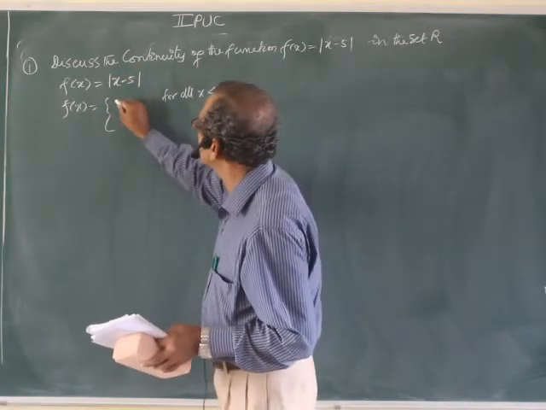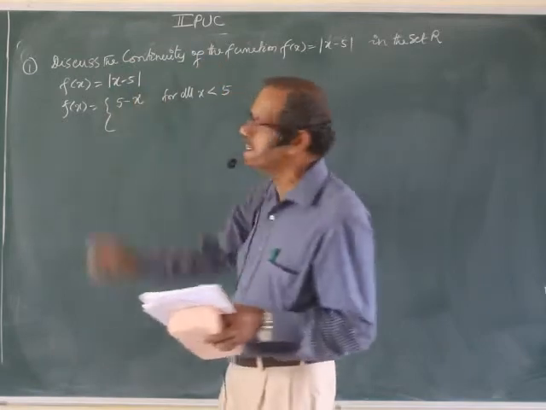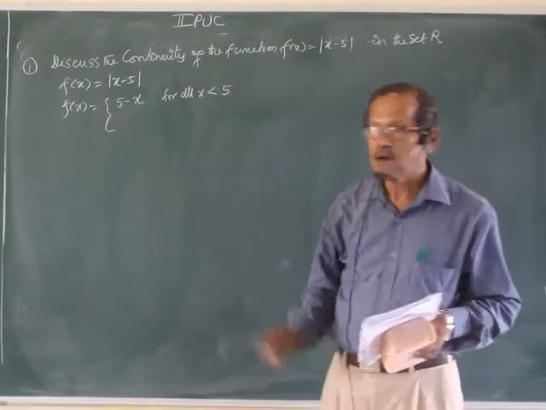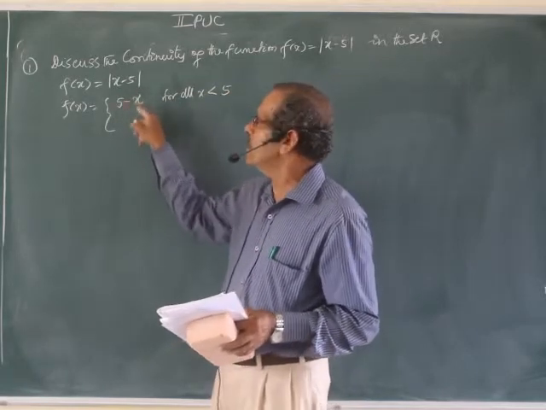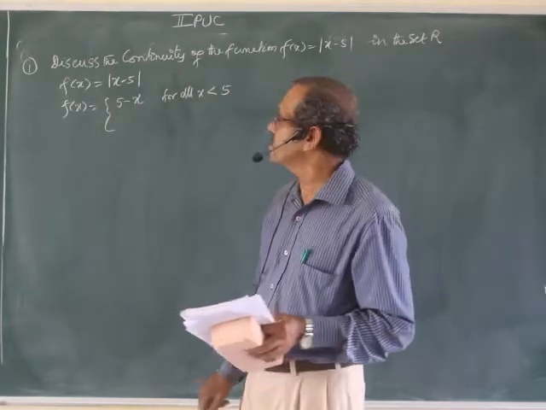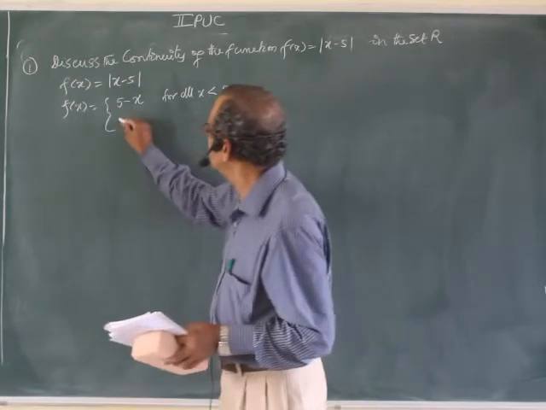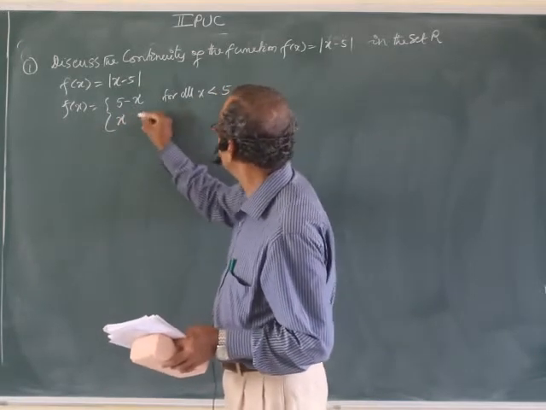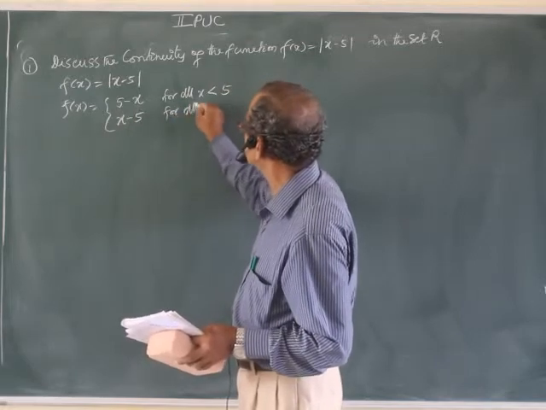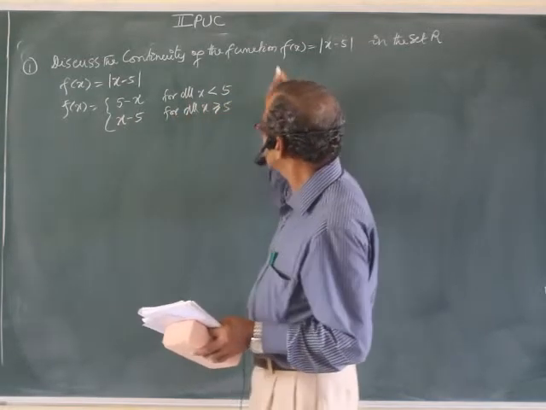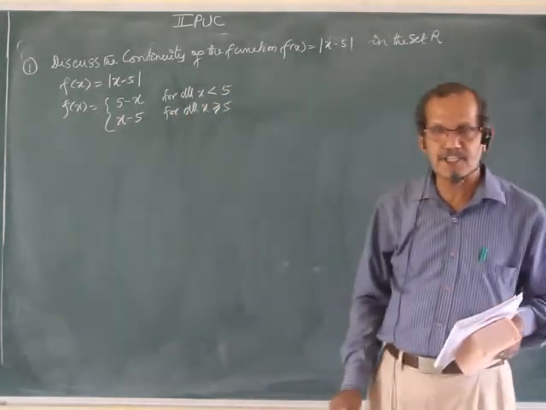So I can write it as 5 minus x. For all x less than 5, this will be the modulus of x minus 5. And for all x greater than or equal to 5, x minus 5 itself is the modulus. So we can write the same function like this.